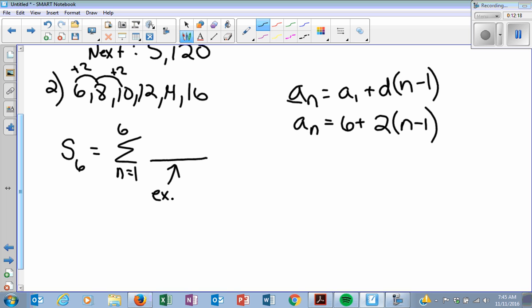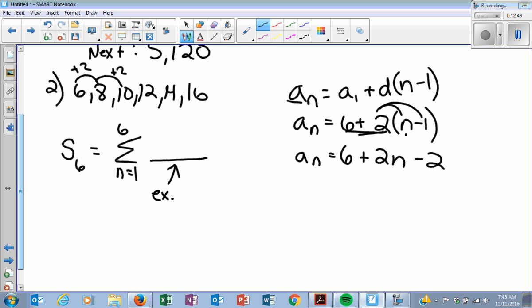What can we do with the 2? We cannot add it to the 6. No, sir. You can distribute it. You have to follow laws of math. These are side by side, but they don't add yet. There's a multiplication, which by order of operations I have to do first. Equals 6 plus 2n minus 2.